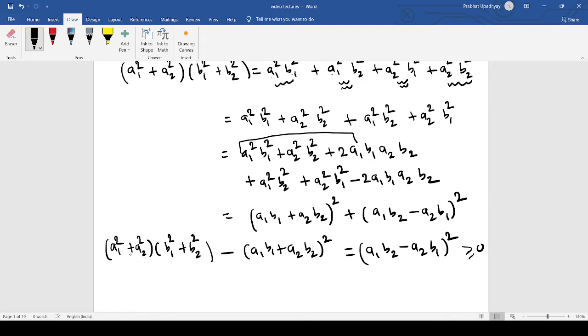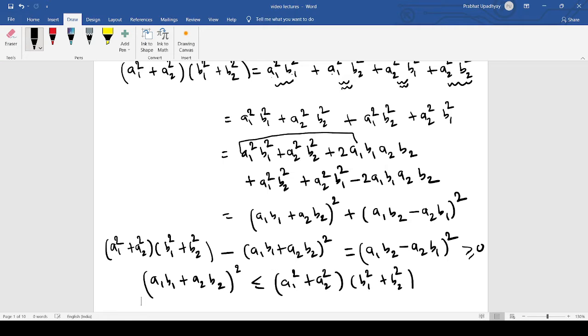And that will imply (a1² plus a2²) into (b1² plus b2²) is greater or equal to the square of (a1 b1 plus a2 b2). That means you have (a1 b1 plus a2 b2)² is less or equal to (a1² plus a2²) multiplied with (b1² plus b2²).